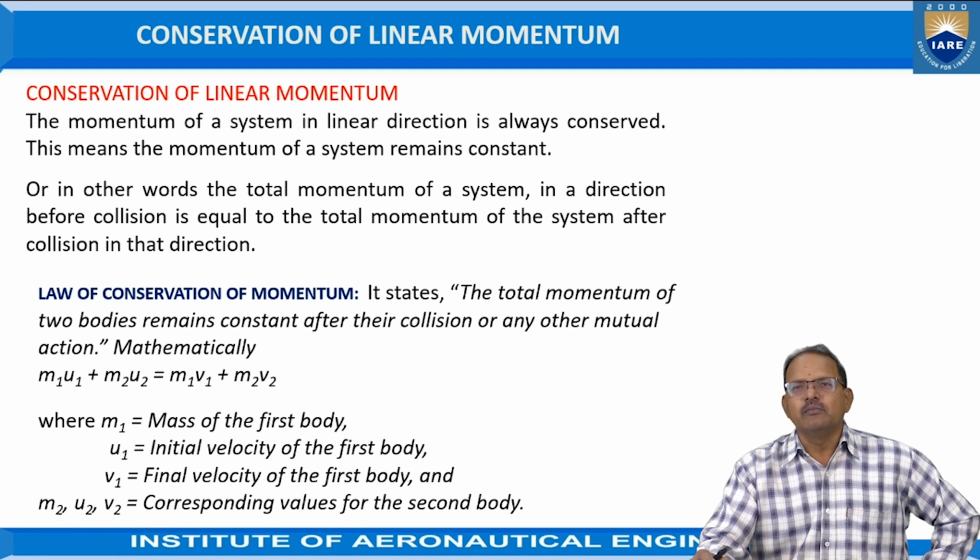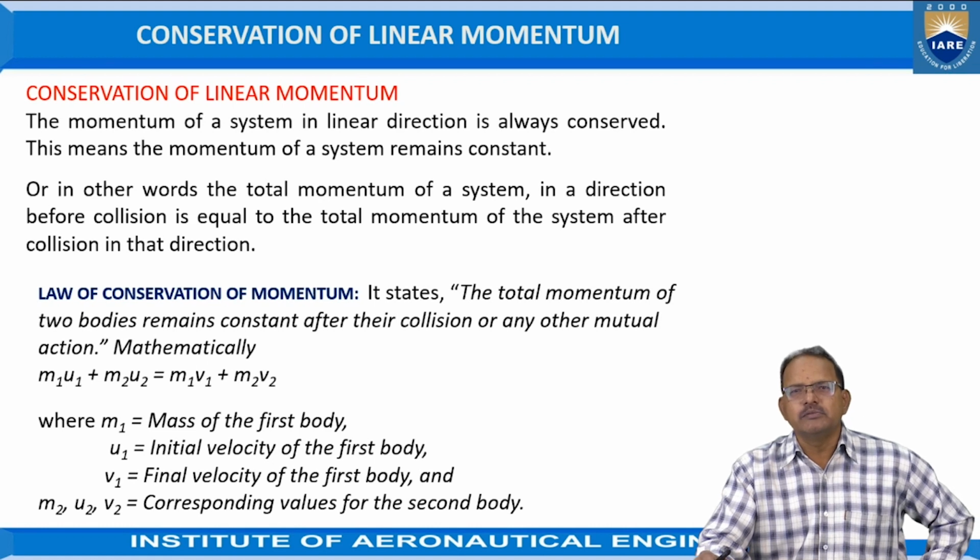Conservation of linear momentum. The momentum of a system in a linear direction, meaning along one direction, say along the x-axis, is always conserved. That is, the change in momentum is equal to 0.